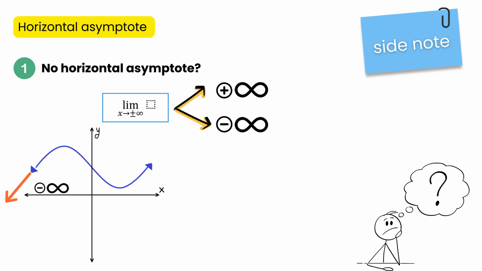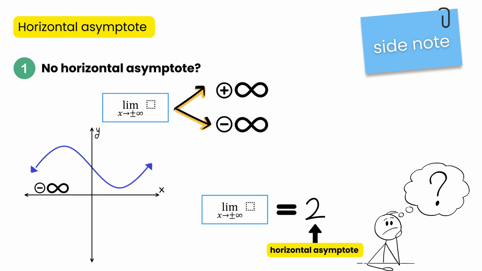If we get that as the answer, it means the function keeps going down forever, so its y values keep getting smaller without bound, and it does not converge to a specific y value. So if you get a nice, solid finite number when you take the limit to infinity, then the function has a horizontal asymptote at that value. But if your answer is infinity, positive or negative, then that function does not have a horizontal asymptote.